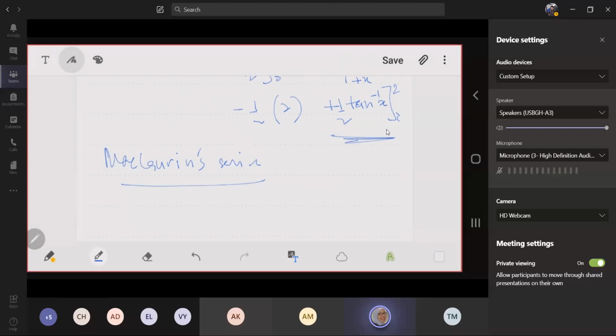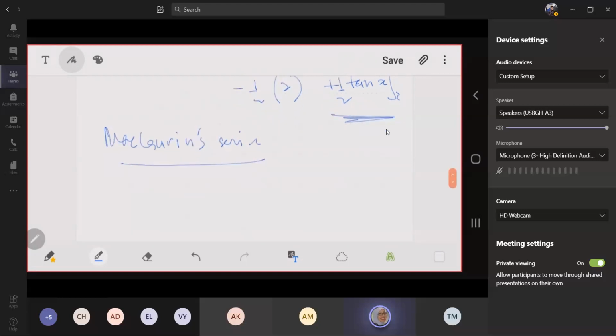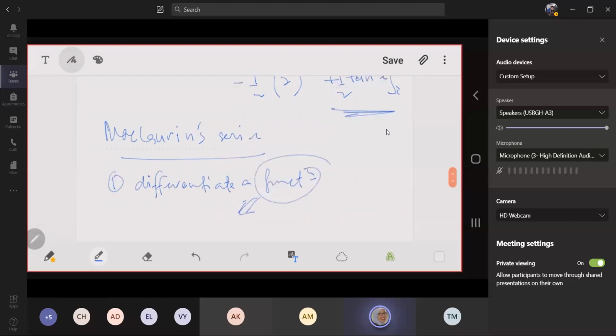But also in this you have to be able to, let's say for example, they ask you to find the integral of something. So first maybe they ask you to differentiate a function, and in this function you know the series expansion.